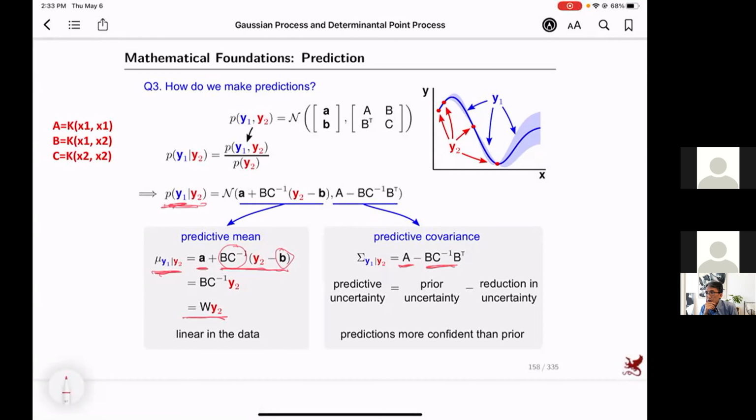So now what we are trying to do is that we have already determined a particular form of the covariance kernel, the shape of the covariance kernel.